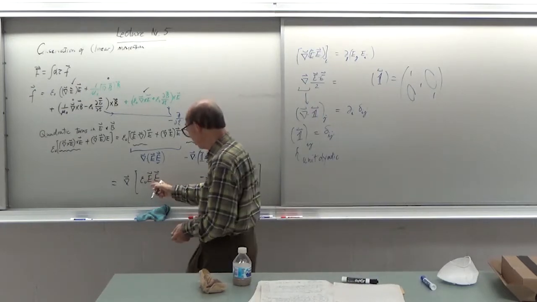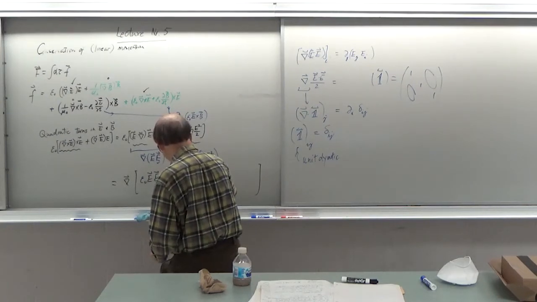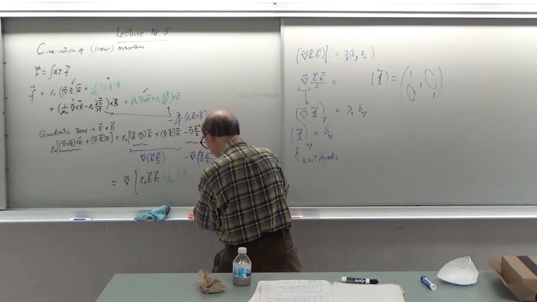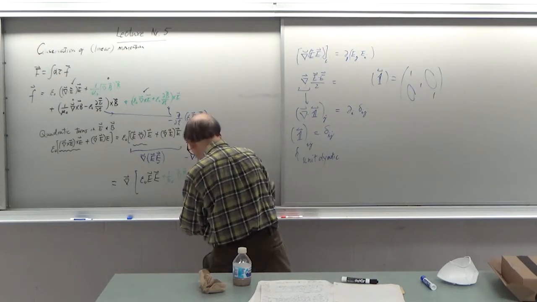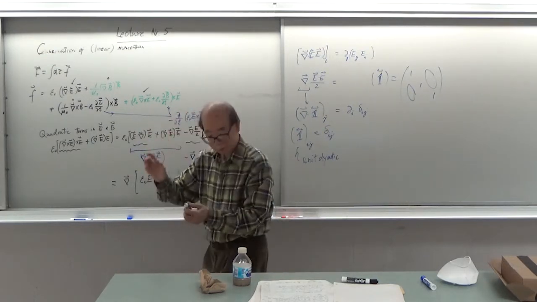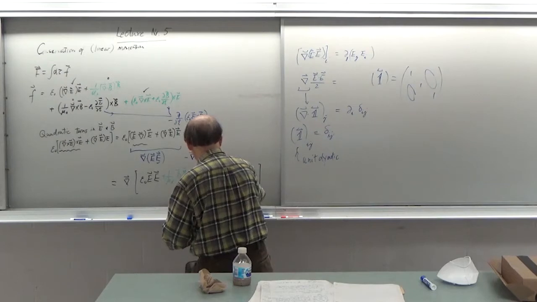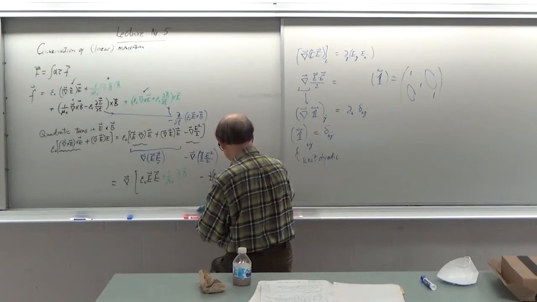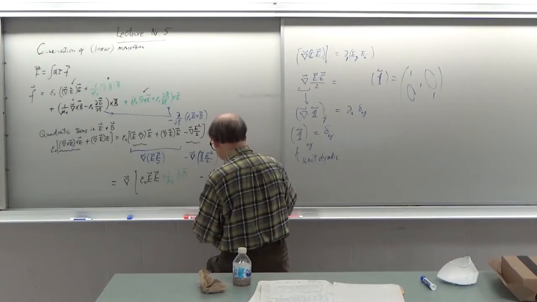Under duality transformation, this goes into mu naught B, and under duality transformation, 1/2 of this, plus 1 over mu naught B squared.